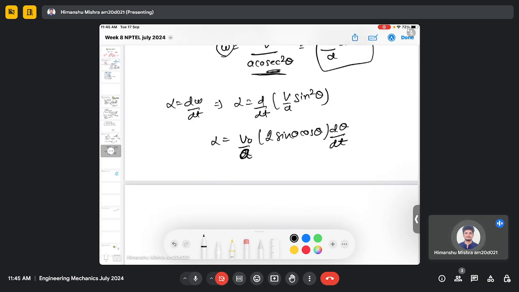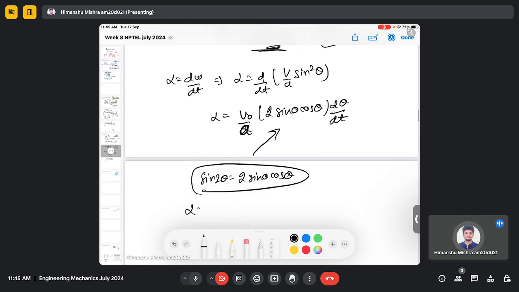From the trigonometric relation, we know that sine 2 theta equals 2 sine theta cos theta, and we can use this here. So alpha will be v naught by a sine 2 theta d theta by dt.